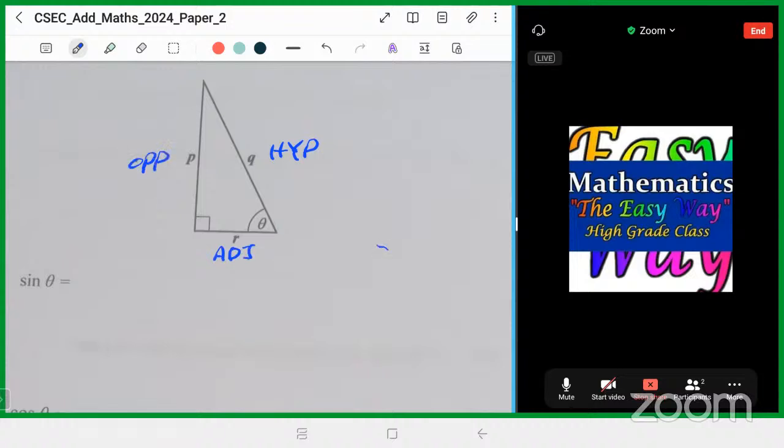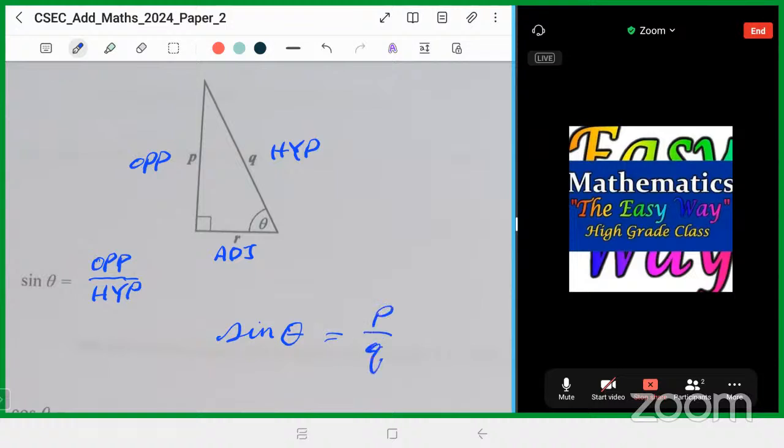This is CSEC level work. So sine theta, we know, is the opposite over the hypotenuse. Sine theta becomes the opposite, which is P, over the hypotenuse, which is Q.